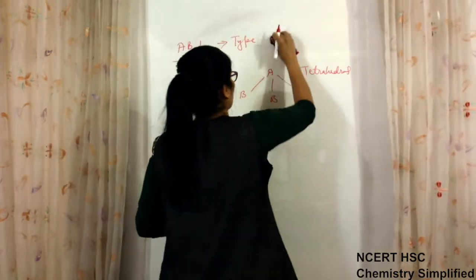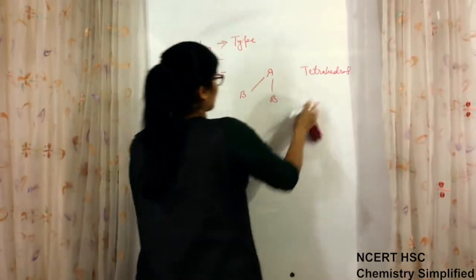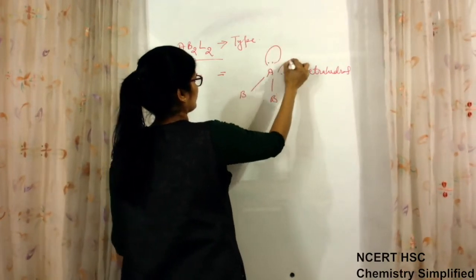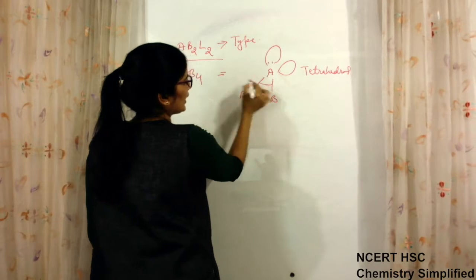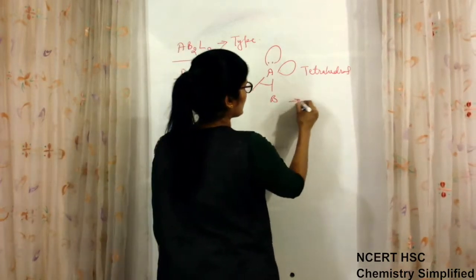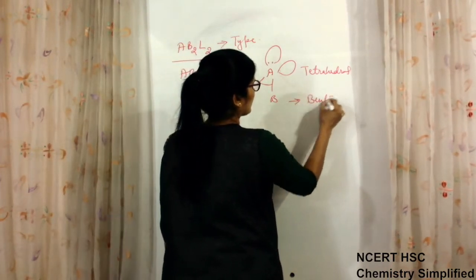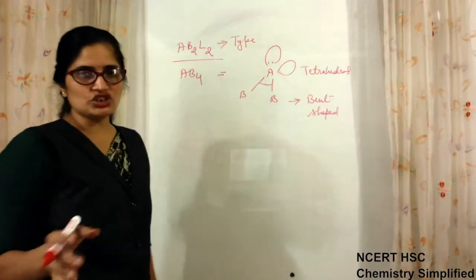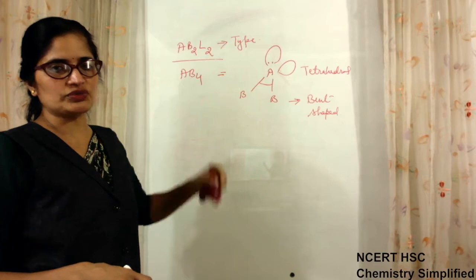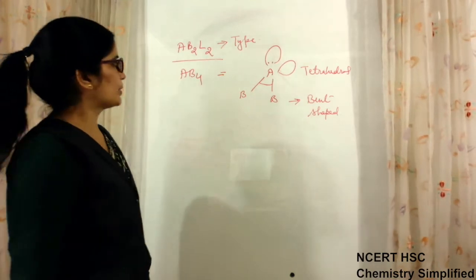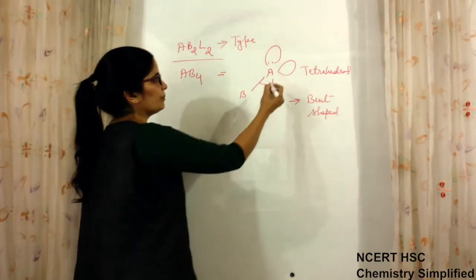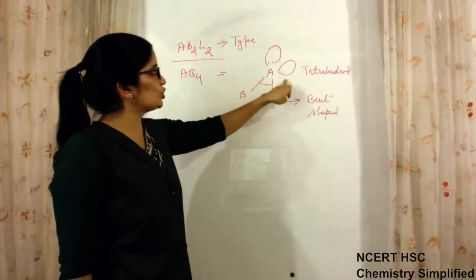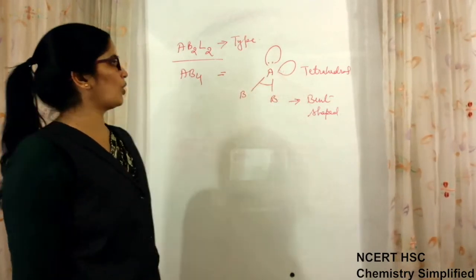Two of the bond pairs will be replaced by lone pairs, and there is only one angle. Again, this geometry is bent shaped. But this bent shape is different from the one which we have done for SO2, because there was only one lone pair and two bond pairs. Here there are two lone pairs and two bond pairs.